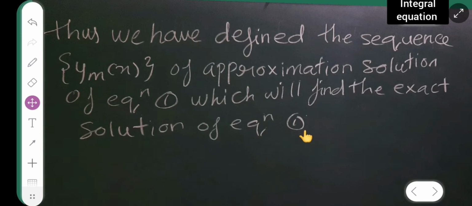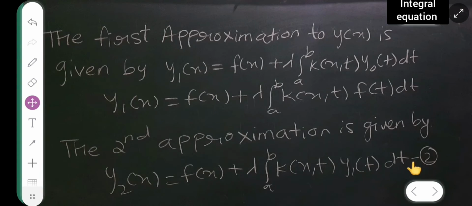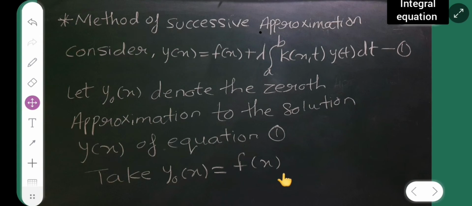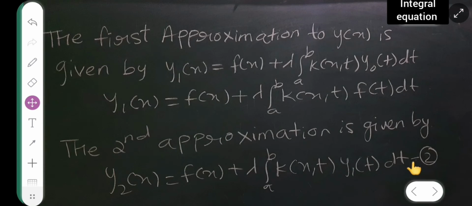Here this is the first approximation, right? y1 of t, I have to write in terms of t. Wherever there is x I will replace it by t, and wherever there is t I will replace it by u.